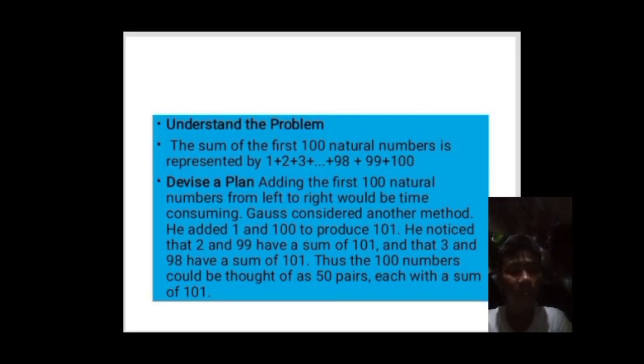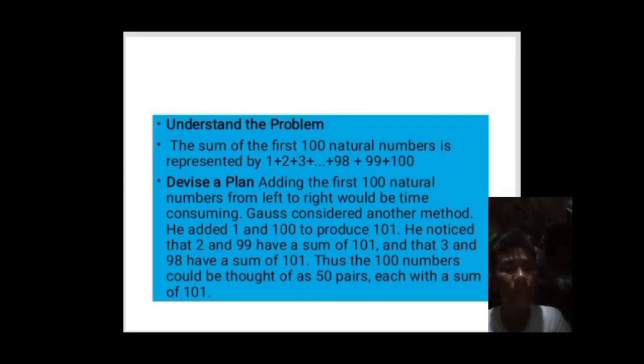Carl Friedrich Gauss was a scientist and mathematician whose work encompassed several disciplines, including number theory, analysis, astronomy, and optics. He is known for having shown mathematical prowess as early as age 3.